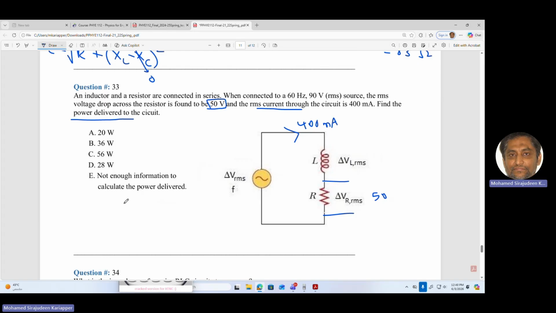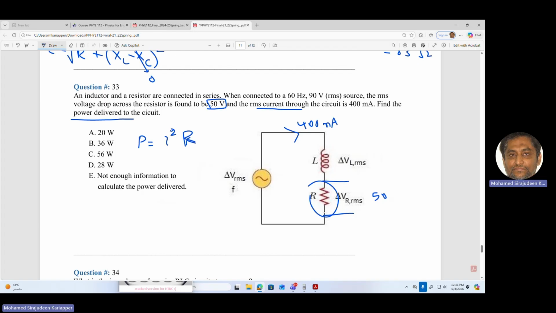Okay. Now the power is spent only through the resistor, and the power is given as, the current is given to us, right? So current squared multiplied by the resistance R. Is the resistance given to us?